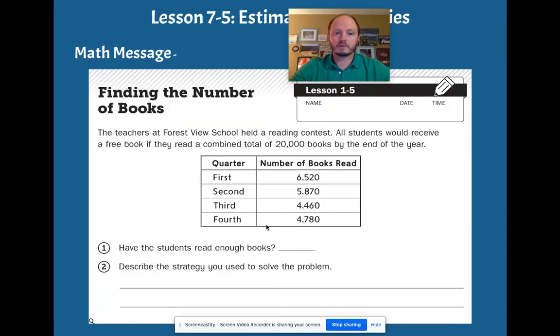So this was our math message. And one of the things that I'm hoping all of you were doing in this math message is estimating. Well, what is estimating?